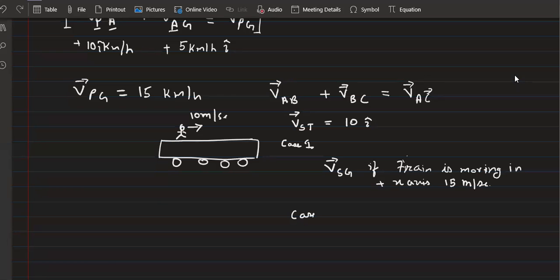Case 2: find the velocity of Shah Rukh Khan with respect to ground.